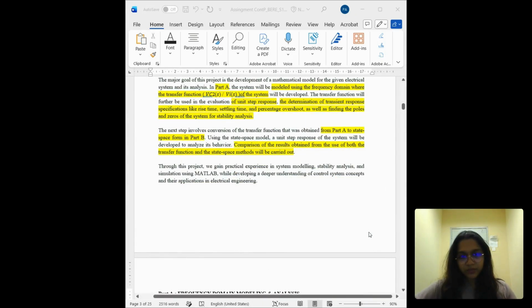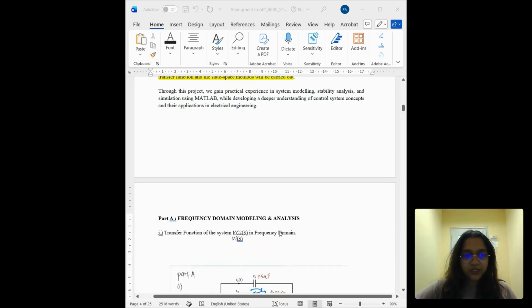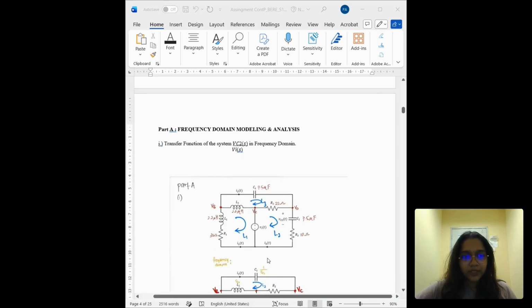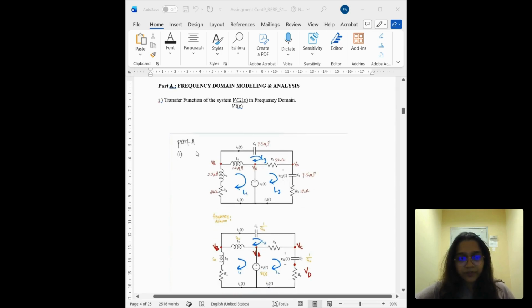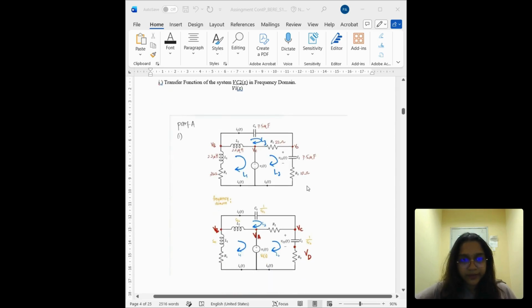Okay, now I'll be moving on to part A, which is frequency domain modeling and analysis. Now I'll be explaining the calculation of the transfer function. As the first step, I labeled the parameters in the circuit and did the loops.